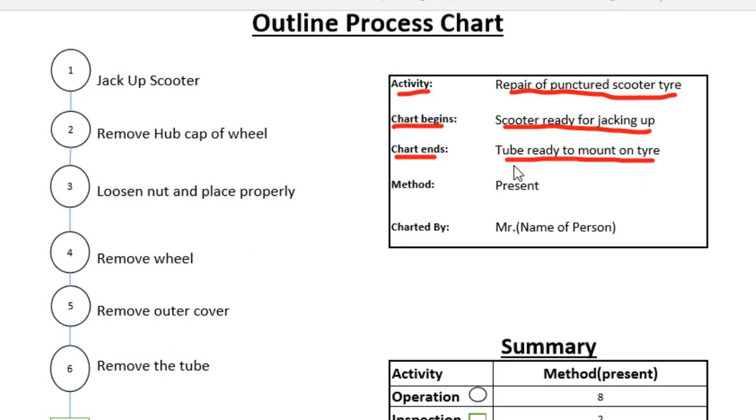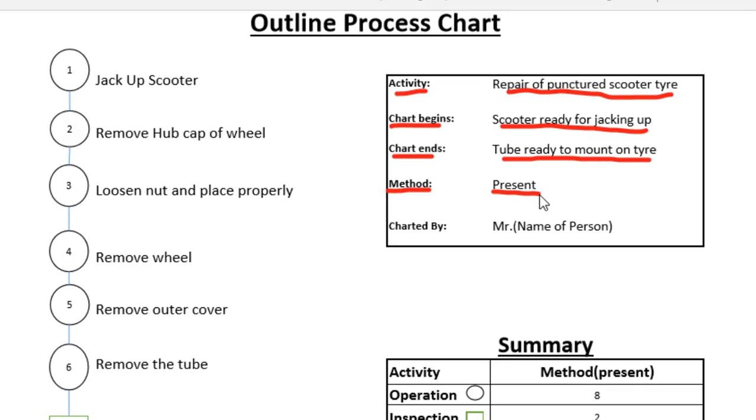That is the beginning and end of the chart. Now we define that the method of the chart is the present method. It means we are recording the facts of the activity that is presently carried out, with direct observation of the activity going on at present.